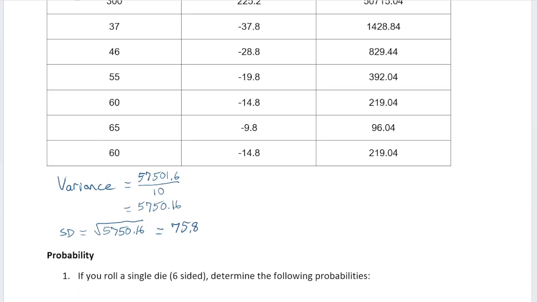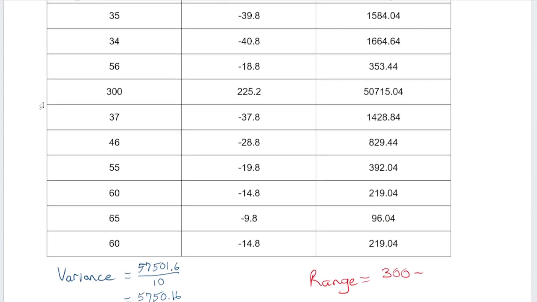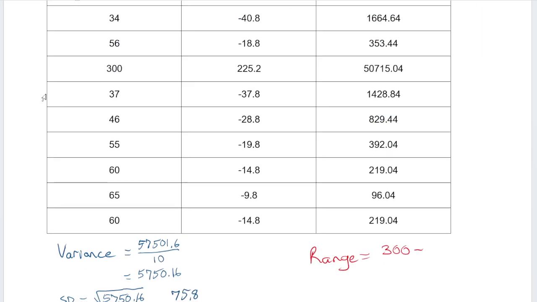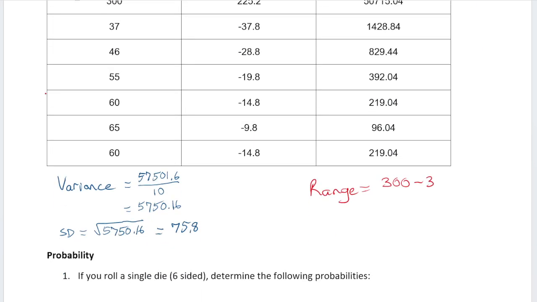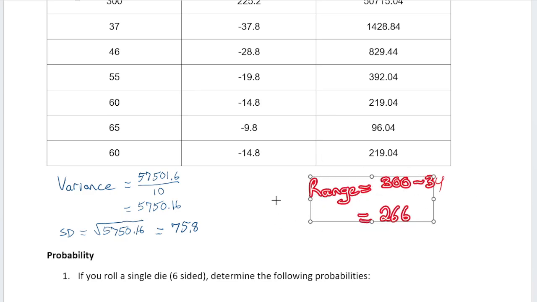Now the question also wanted the range, and I probably could have written this better, which is just the biggest value minus the smallest. So the biggest was 300, and the smallest value was 34. So the range is 266.